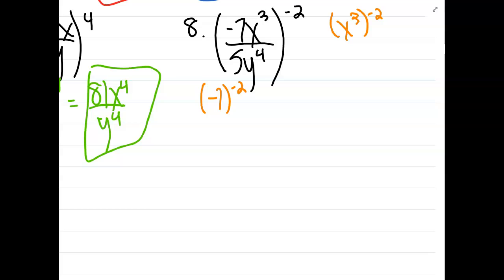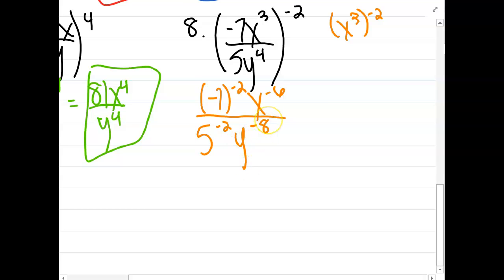That was Friday's rule. What do I do with the 3 and the negative 2? You multiply them, so that's going to be x to the negative 6th. You also have to take 5 to the negative 2nd power. And when you take y to the 4th to the negative 2nd power, that's the same thing. You're going to multiply 4 times negative 2 and get y to the negative 8.